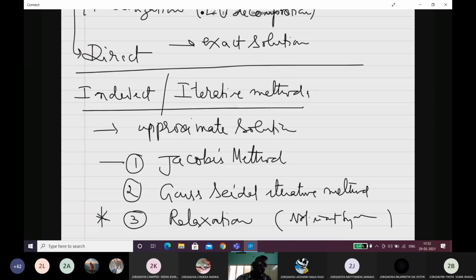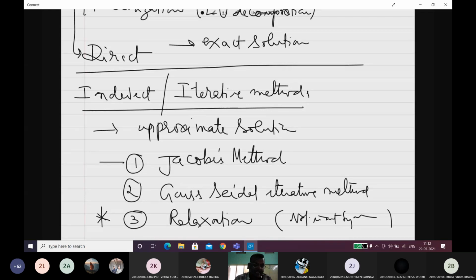For any system, we can use either Jacobi's method or the Gauss-Seidel iterative method only if the system satisfies the diagonally dominant condition.